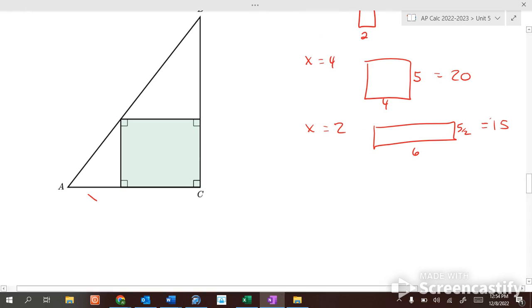If x is here, and this is 8 minus x, and the height of this is always 5/4 x because of the slope, how do I find the area of that rectangle? What would be the area?